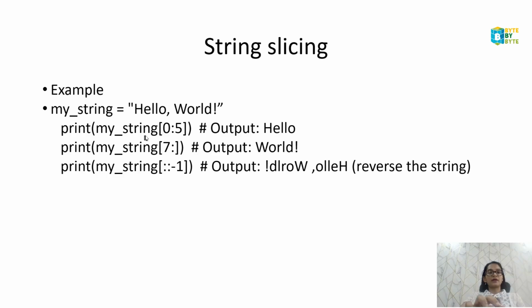Print my string, that is the variable name, then your square brackets. You are starting from 0, that is 0 1 2 3 4 5. It is going until 5, but your end is excluded, so it will go from 0 to 4. 0 to 4 means 0 1 2 3 4, so it will output hello.